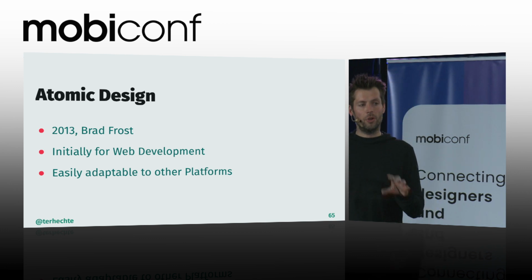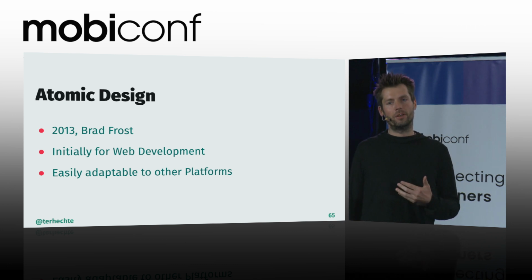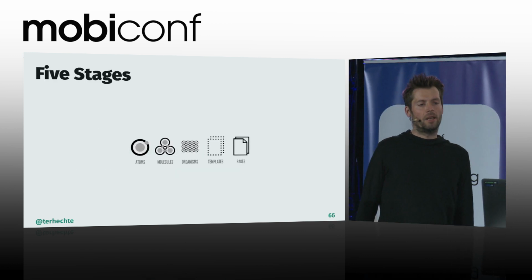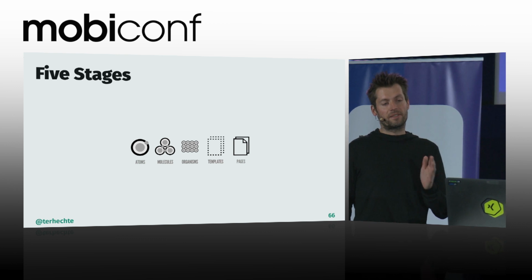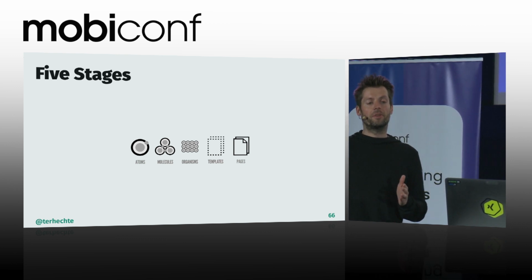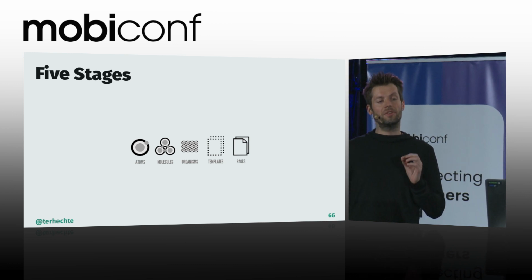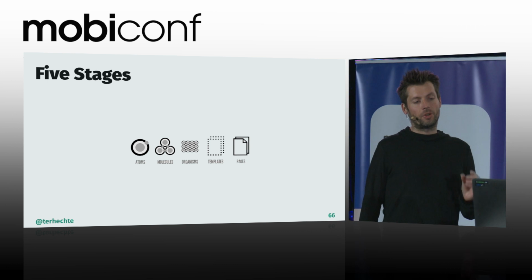I will just give a brief overview of Atomic Design here. There are links at the end, so if you're interested, you can inform yourself in more detail. Atomic Design cuts and slices design systems and the elements in them into 5 different stages. The first one is atoms. Atoms are the smallest possible entity you can find.